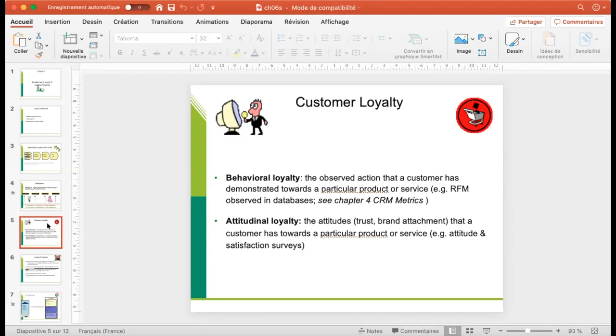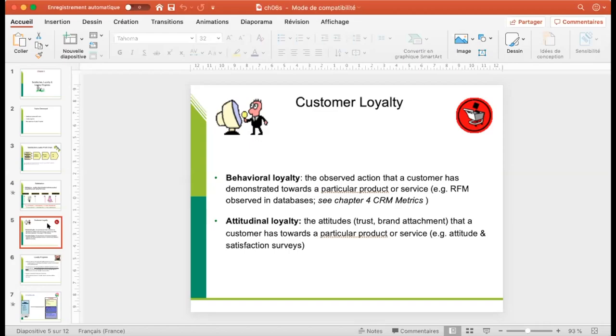And this is a vulnerable loyalty, because if we buy only out of inertia, for example, in a supermarket because of geographical proximity, when a new supermarket opens or when there's a supermarket with better offerings, we become disloyal. That is why behavioral loyalty is a kind of fragile and not long-term concept of loyalty. And that is why we also need attitudinal loyalty to have a stable and long-term loyalty.